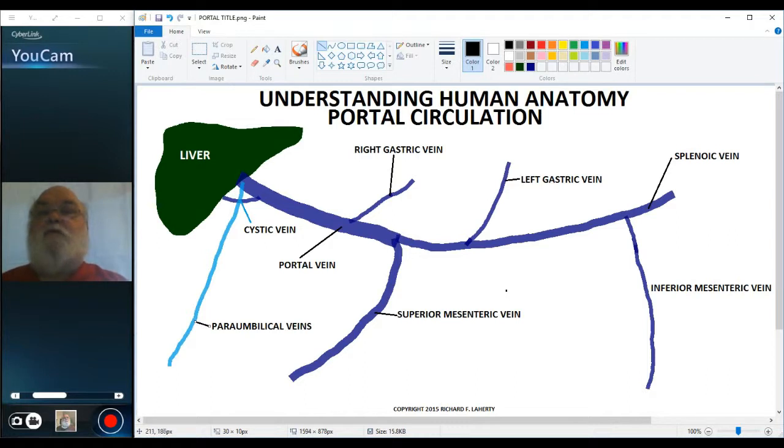So that now the portal vein is bringing blood to the liver. We also have the hepatic artery bringing blood to the liver. So the liver has two blood supplies, the hepatic artery and the portal vein.